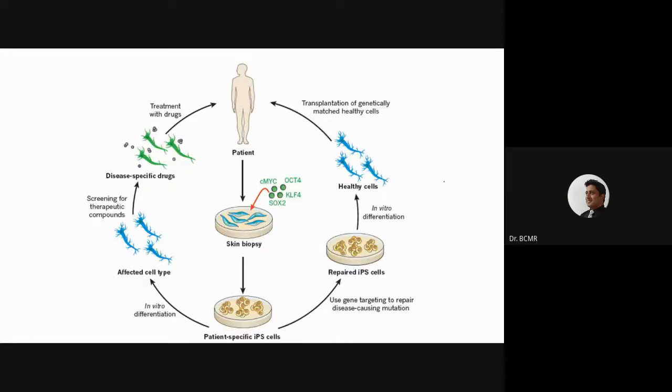So let's take a step back and see where we are, and then we will see what we should do. So here is a patient. Assume that this person's genome has a mutation, because of which the person is unable to produce a functional organ or tissue, and is having problems.